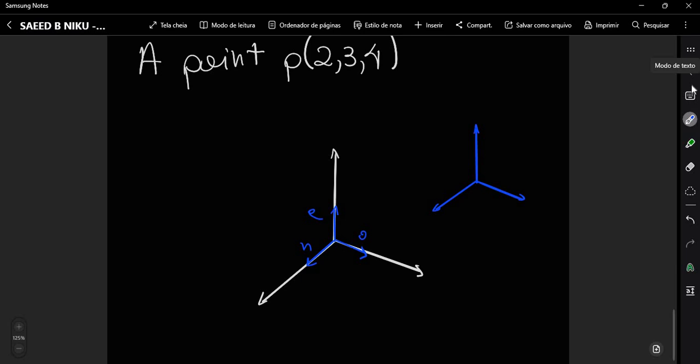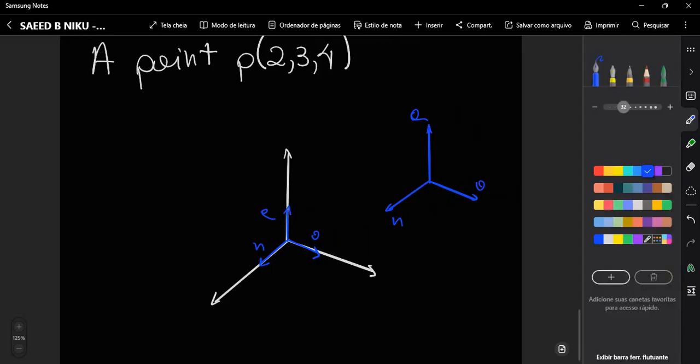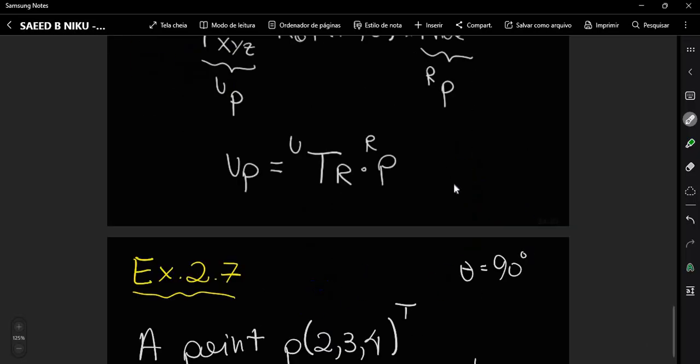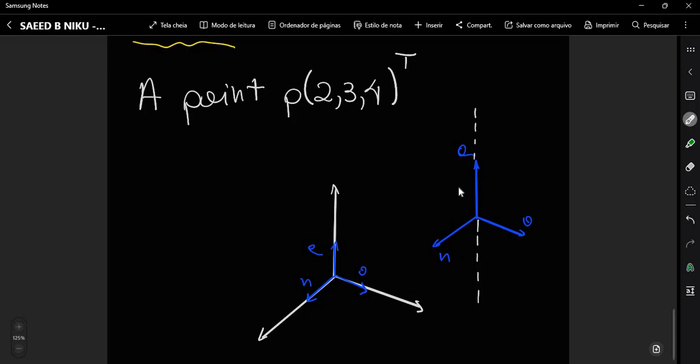it will spin or turn 90 degrees. I'm going to pass a dashed line above the axis, the unit vector or axis A, and the rotation is 90 degrees.